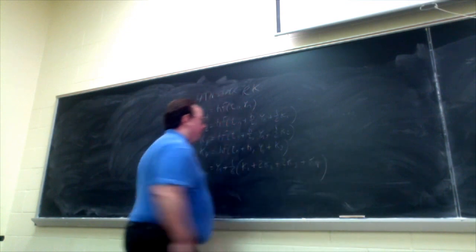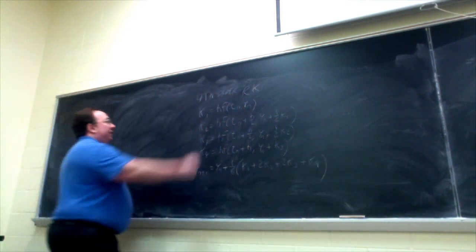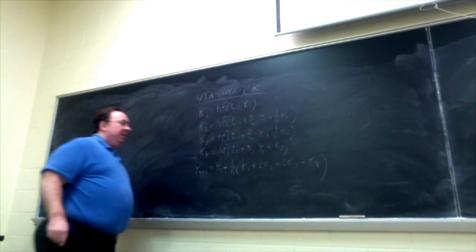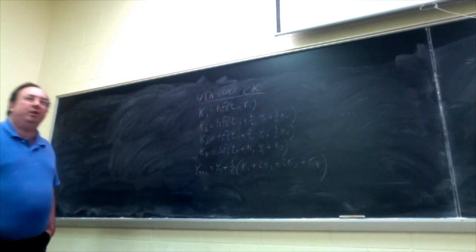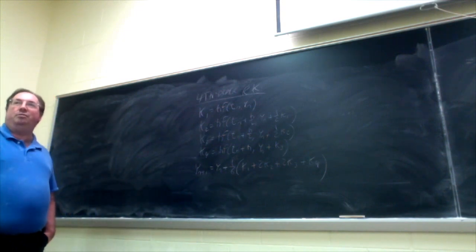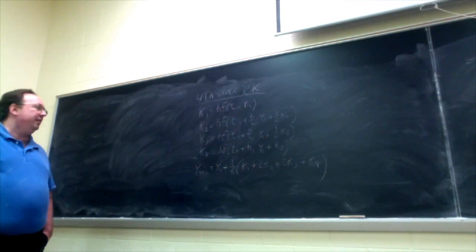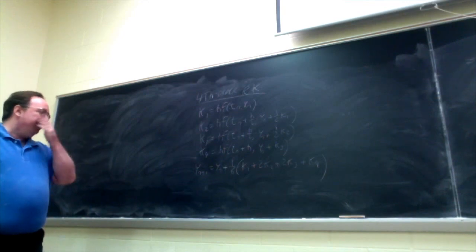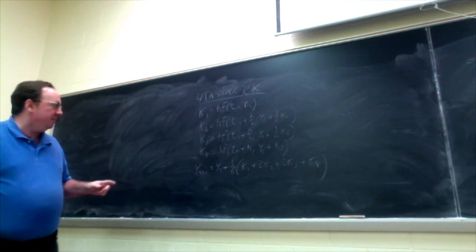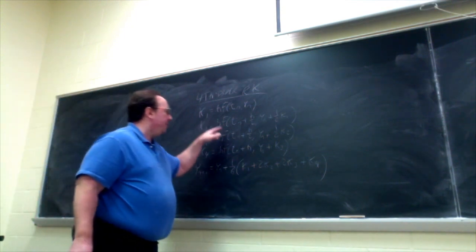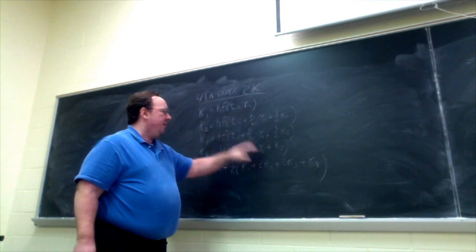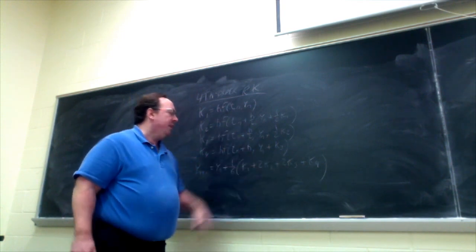All right, so that's fourth order Runge-Kutta. These things are very easy to implement in MATLAB. I have code for this on the site, for Runge-Kutta in particular. Notice that the stages that evaluate at the midpoint in time get more weight, these two.